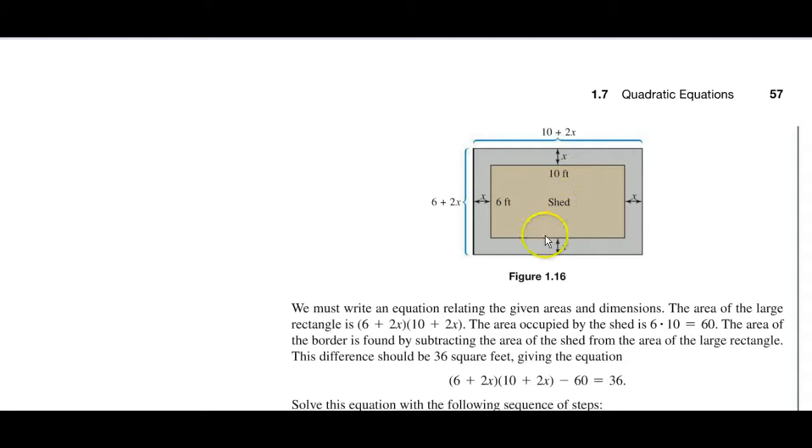And we were going to put a border around the shed, and we're wondering how long it should be. Okay, because our overall area was something here. So let's see what they give us. So again, a picture I think is a good idea. There's the information you know, and your new dimensions are out here.